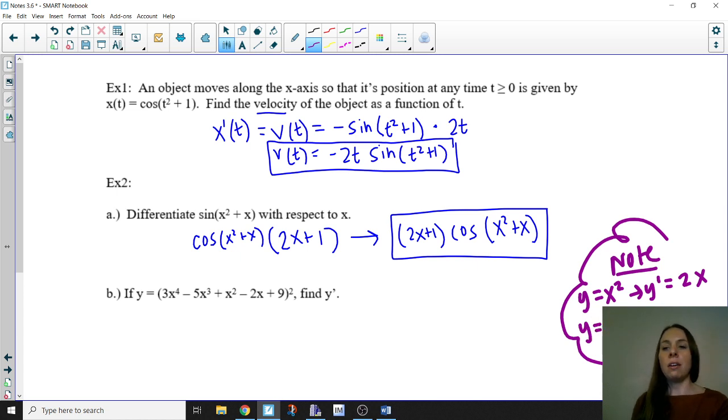And often in calculus, we use the letter u to denote a function of x, or to denote a function. It's not just a plain variable. It's showing a function. So u is a function of x, okay? Then y prime is equal to 2u, just like x squared becomes 2x. But you then multiply by the derivative of u with respect to x.